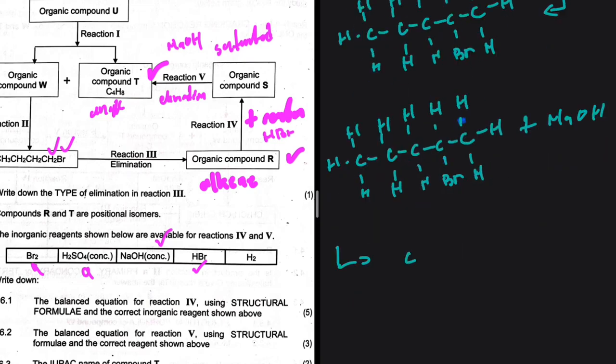Okay, so we're gonna have 1, 2, 3, 4. We need a double bond there. You're gonna see where everything else goes. So hydrogen, 1, 2, 3, 4. Okay, and then hydrogen, 1, 2, 3, 4. 1, 2, 3, 4. Okay, I don't want to make any mistakes here with regards to the number of hydrogens.